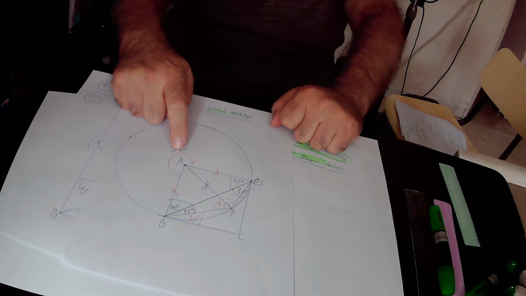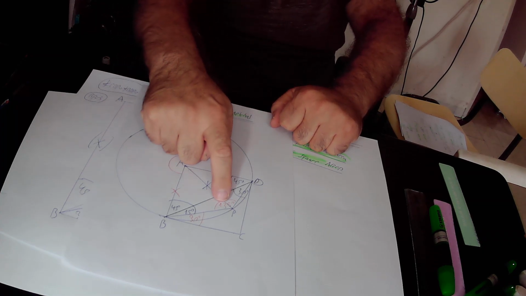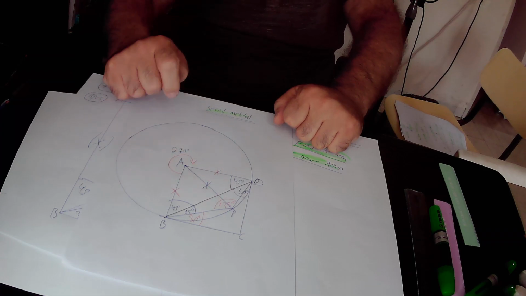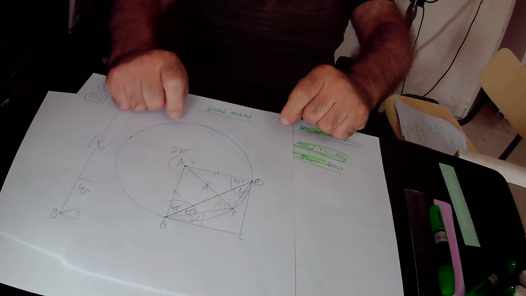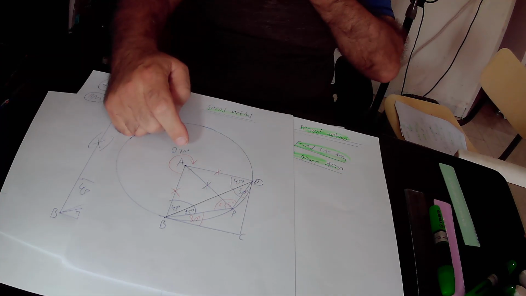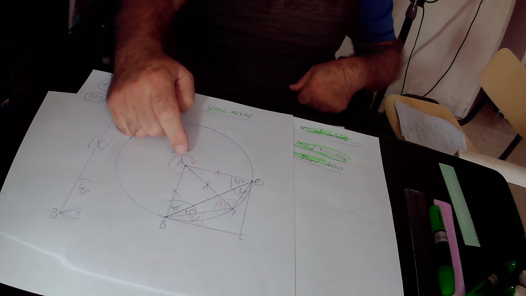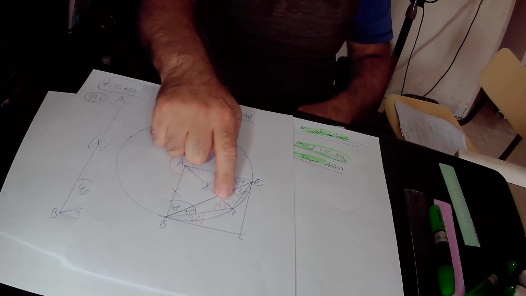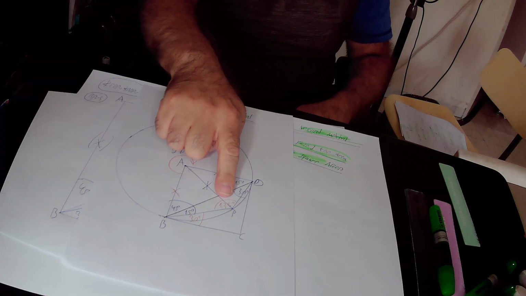Again, center angle DAB is twice as large as this angle. 135 degrees times 2 is 270 degrees. So if those two angles both lie on the same chord DB, and the size of the center angle is twice as large as the size of this angle, that is 135 degrees.